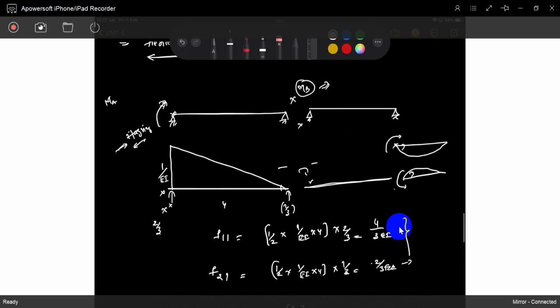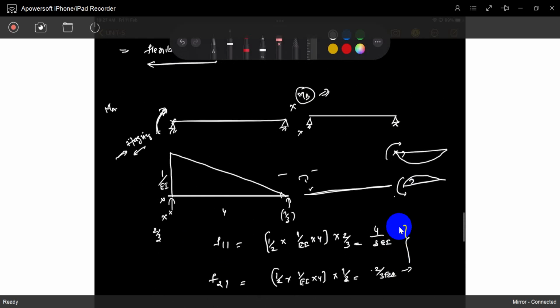Now you can observe it. Here we have taken hogging moments as positive. If you take a hogging moment, in which direction will the rotations come? Upside.